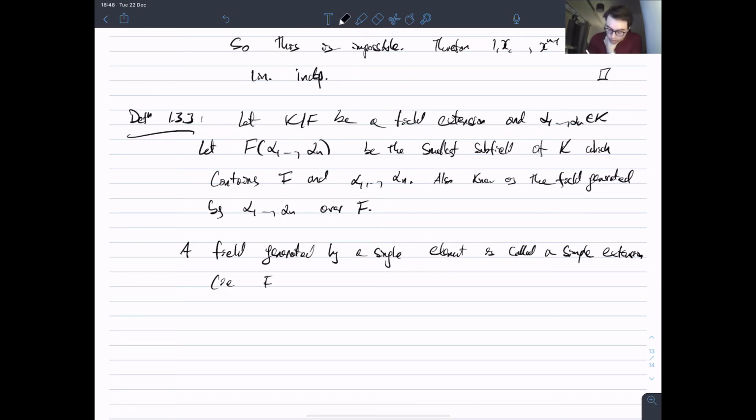I.e., F of alpha is a simple extension of F. We call alpha in K the generator in this case, the primitive element of the extension.